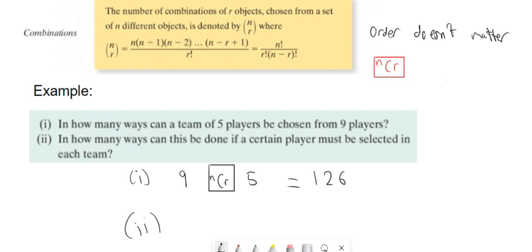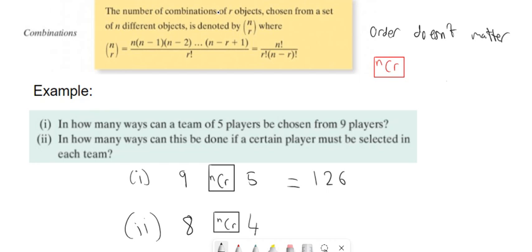For the second part, how many ways can this be done if a certain player must be selected in each team? We're only really choosing from 8 now, because we already know that one player has to be in the team. So it's only the 8 that we're choosing from. Then we use the nCr, and there are only 4 positions left to choose, so it's 4.